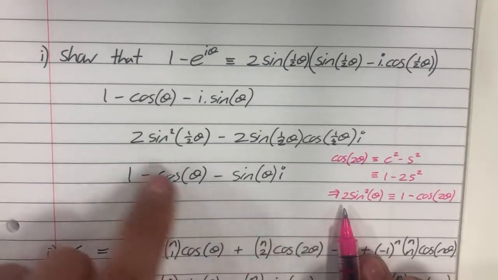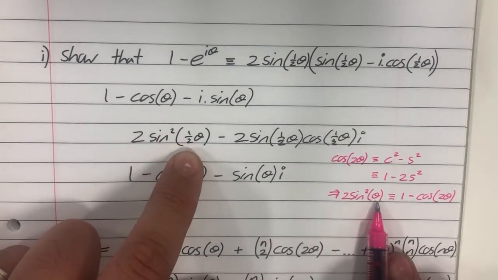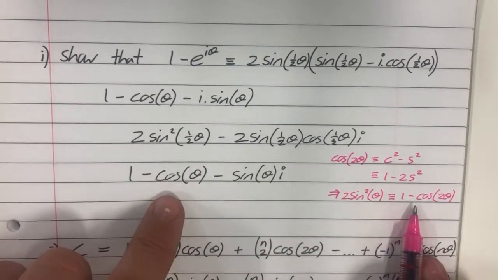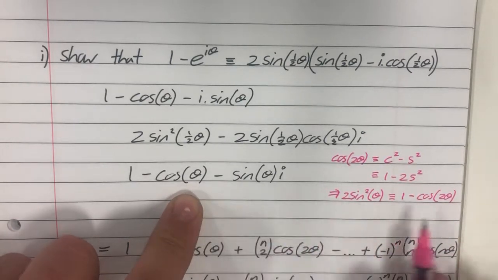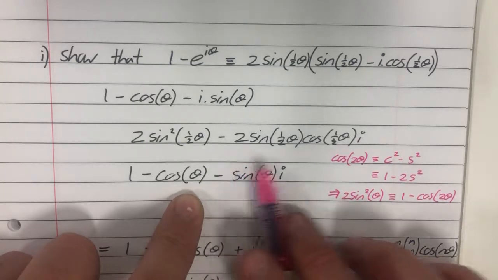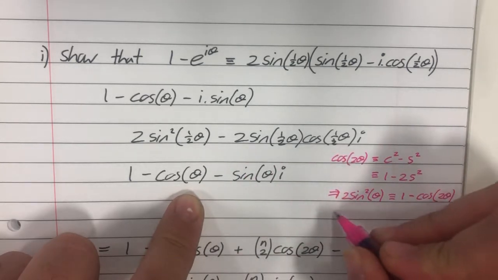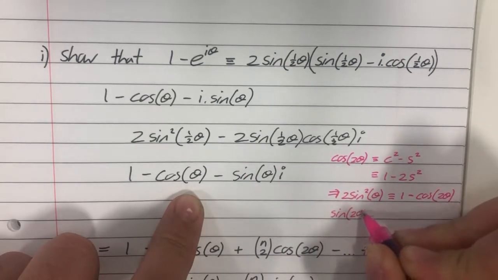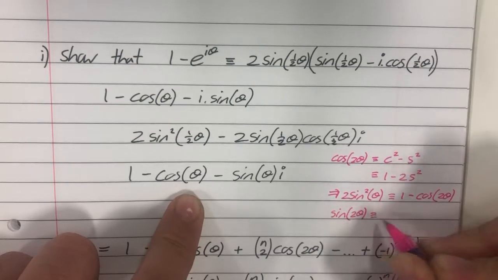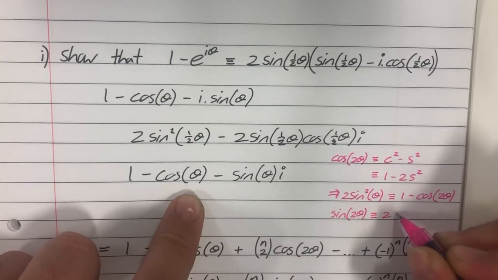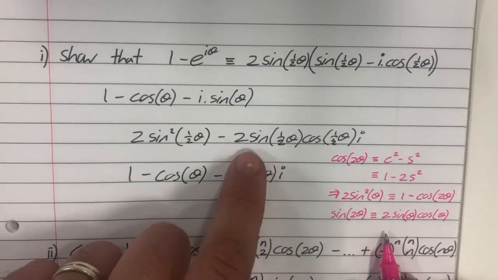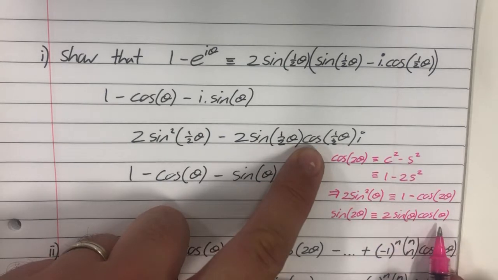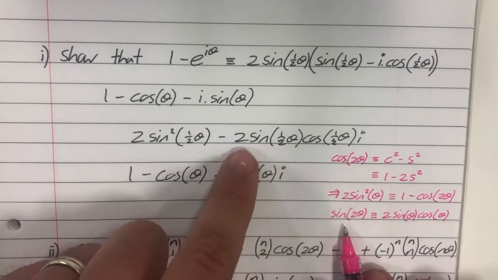So in this case, 2 sine squared of a half theta must be equal to 1 minus cos of 2 times a half theta, which is just theta. And then for this one here, I used the fact that sine of 2 theta is identical to 2 sine theta cos theta. Again, replacing theta with theta on 2, we can then see that 2 sine of theta on 2 cos of theta on 2 must be equal to sine of theta.